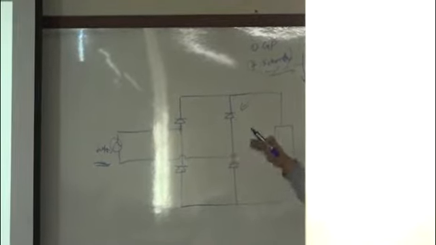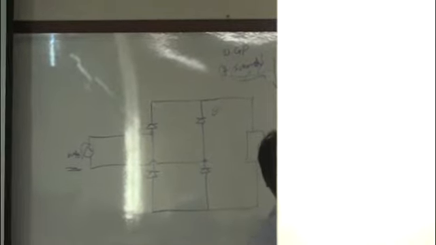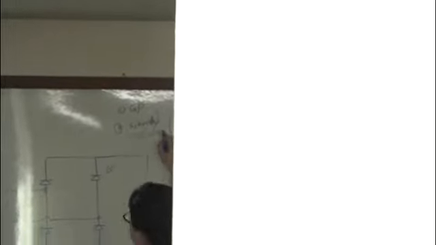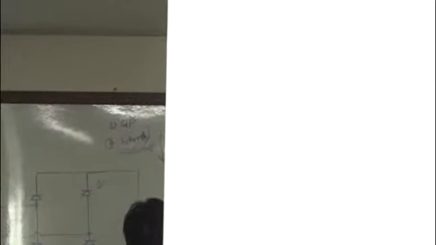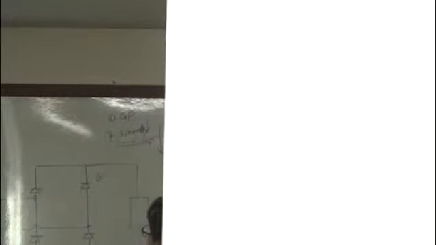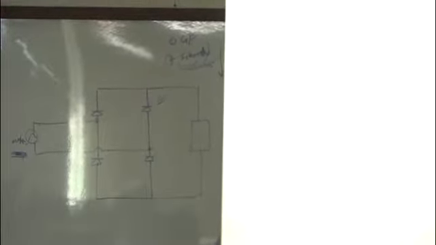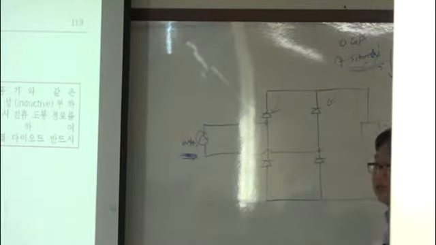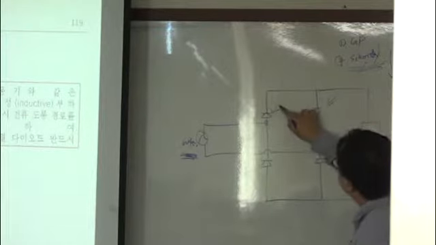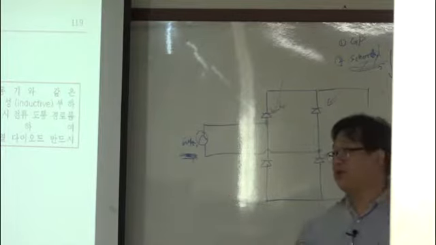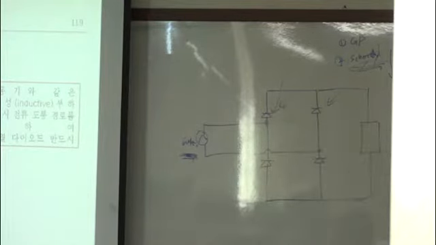So, under the same ratings, the VF of GP is the lowest, Schottky is high, and FR is between GP and Schottky. So, in this case, VF is critical. So, you should use general purpose diode here. If you use the Schottky, your circuit can still work, but the entire efficiency could drop because of high VF.